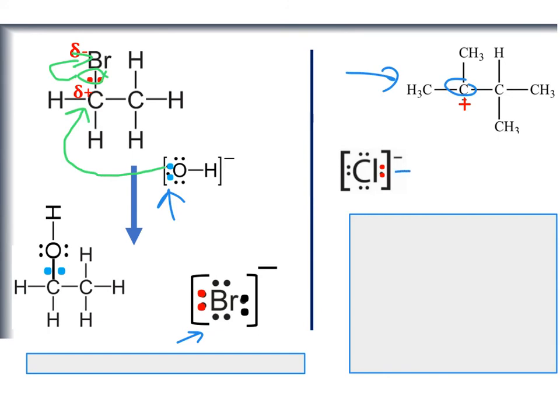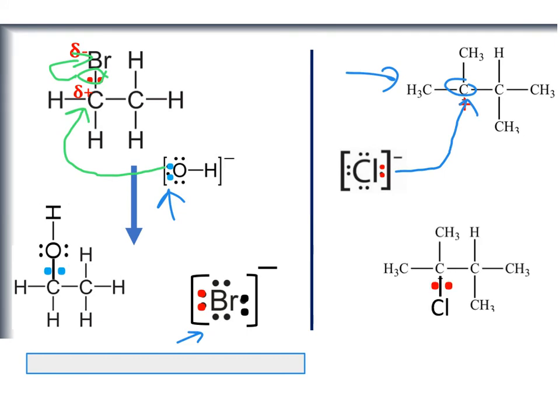The lone pair of electrons on my chloride is going to be attracted to my carbon like so, to form a new covalent bond, and so I will end up with this molecule where I have formed a new carbon-chlorine bond, which I've shown here with these red electrons, as those two ions have come together.